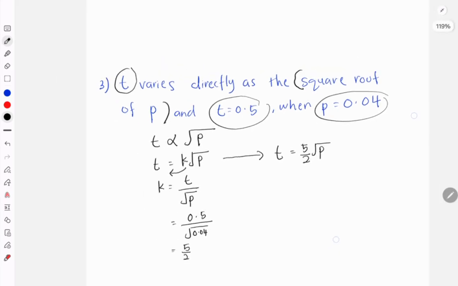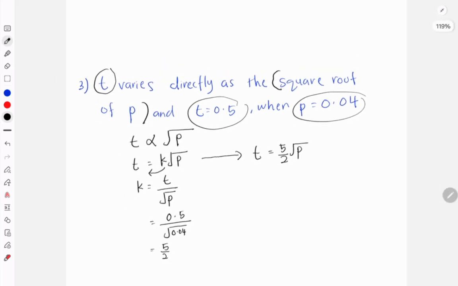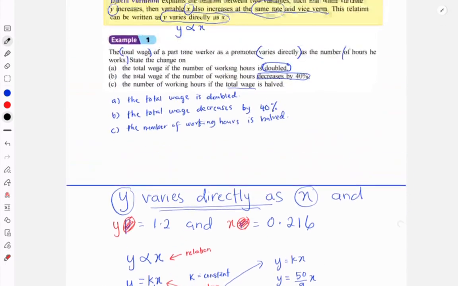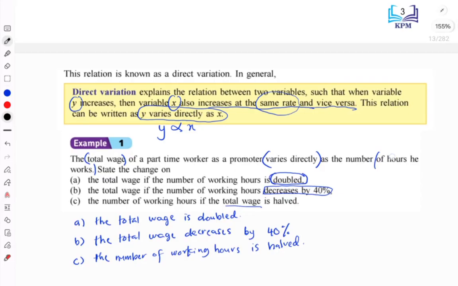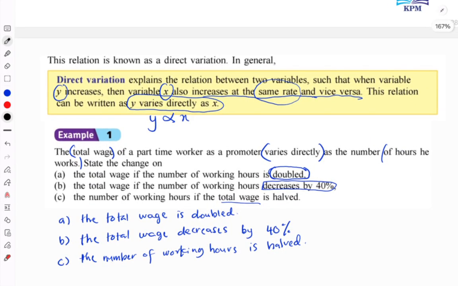For today's lesson, you learned that direct variation is the relation of two variables where when one variable increases, the other variable also increases at the same rate. If a variable decreases, the other variable also decreases at the same rate.